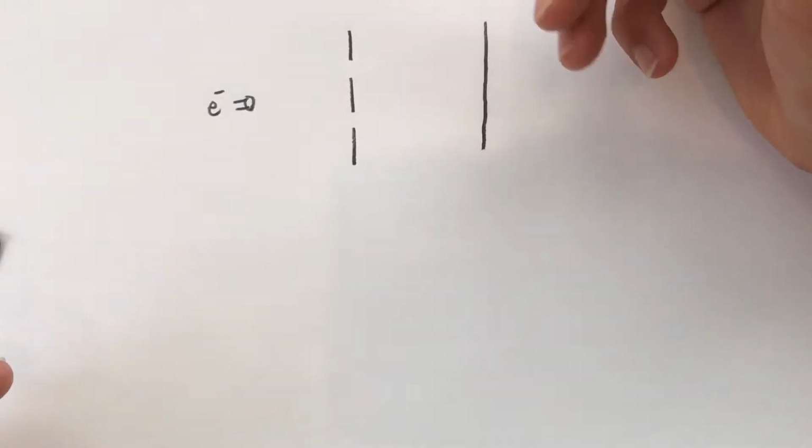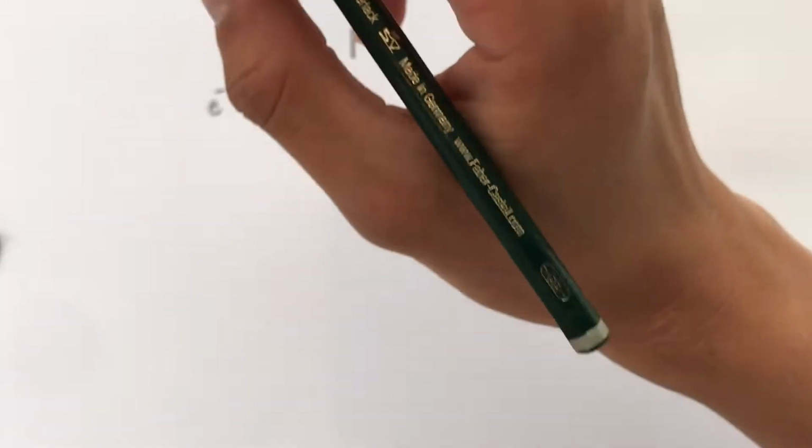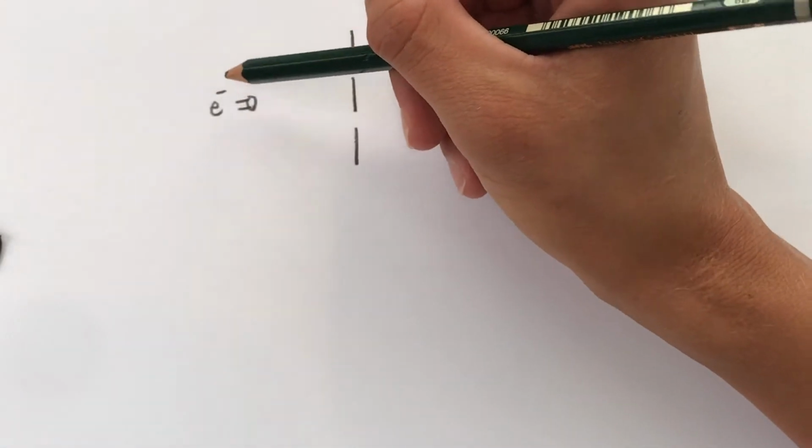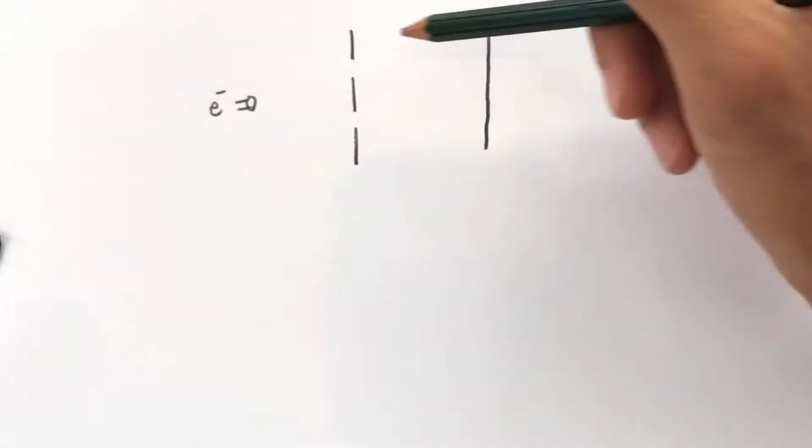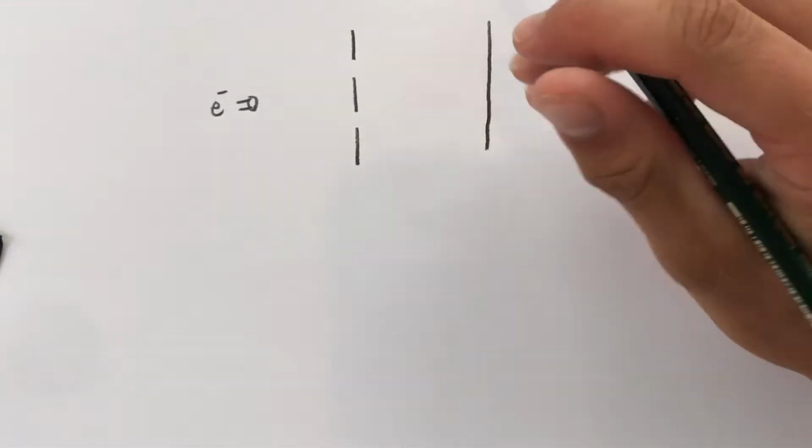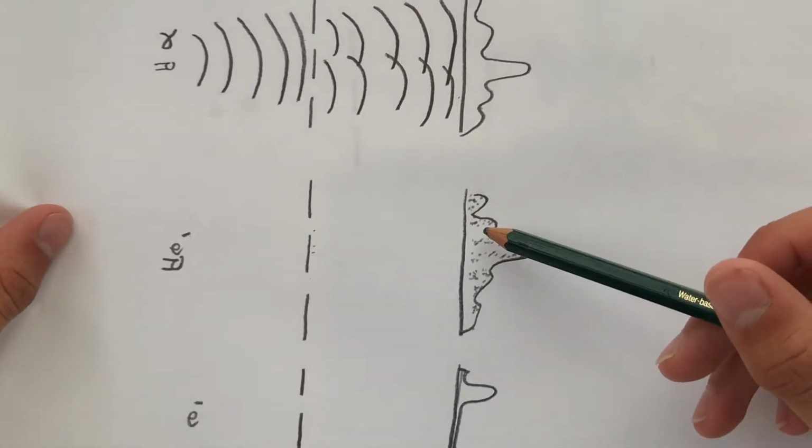Let's say, for example, that these slits are thousands and millions of miles apart. There's no way that the electron can know about another electron in the future. So you fire one electron at a time. That's the rule. Over time, as we saw previously, you will find this interference pattern.